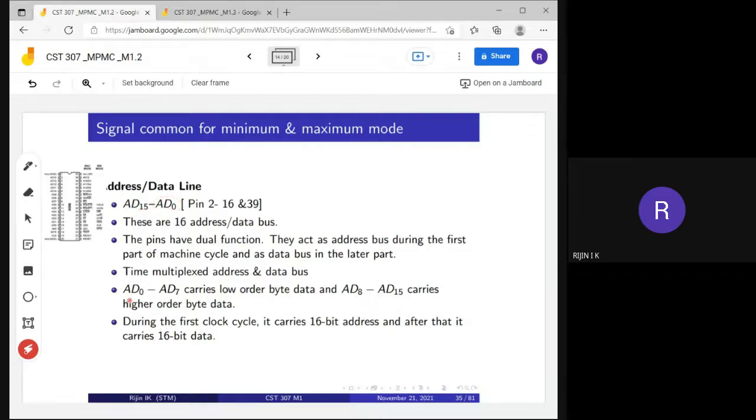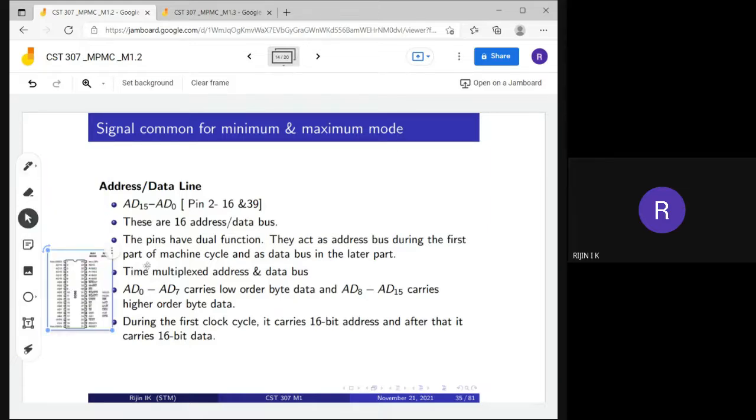Here AD0 to AD7 carries the lower order byte, and AD8 to AD15 carries the higher order data byte. During the first clock cycle it carries the 16-bit address, and after that it carries 16-bit data.